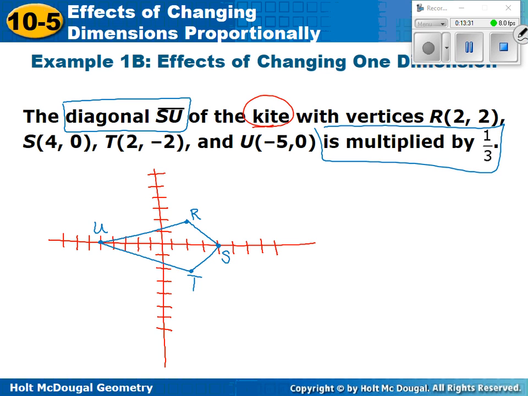So in this picture, what's the length of diagonal SU? Count it. What is SU? 9. Okay. And then what's the other diagonal? RT. So what's the length from R to T?